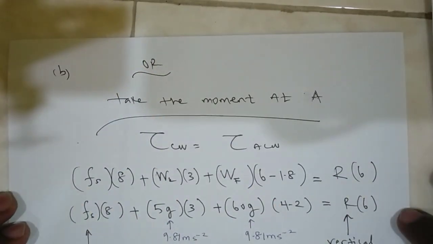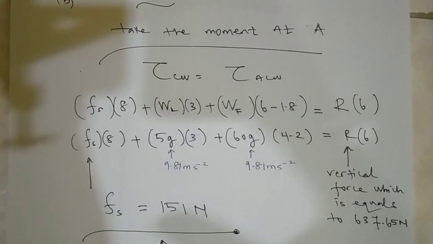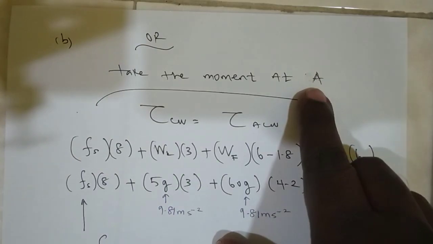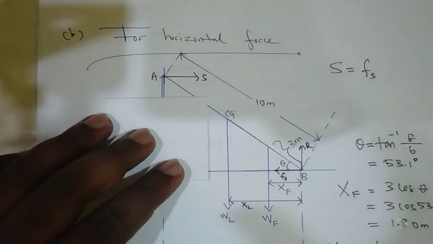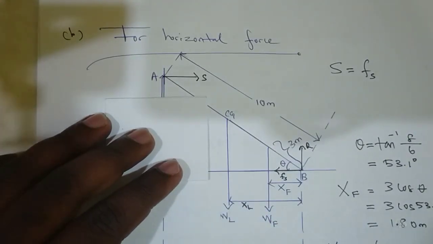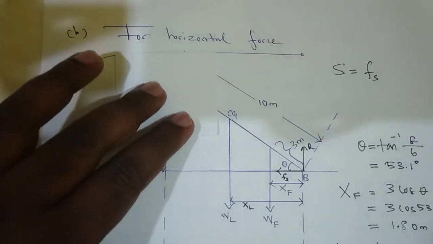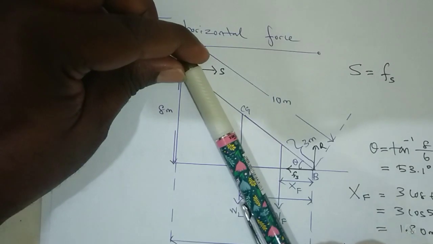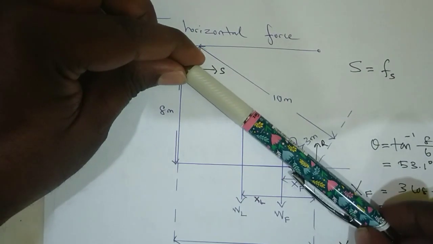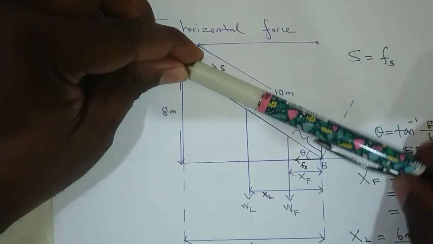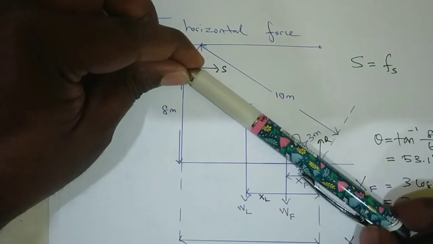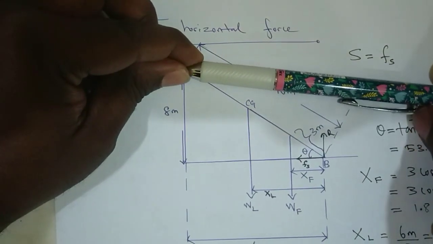Or take the moment at A. Now A is the axis of rotation. Ignore the force acting at A. Clockwise equals anti-clockwise.